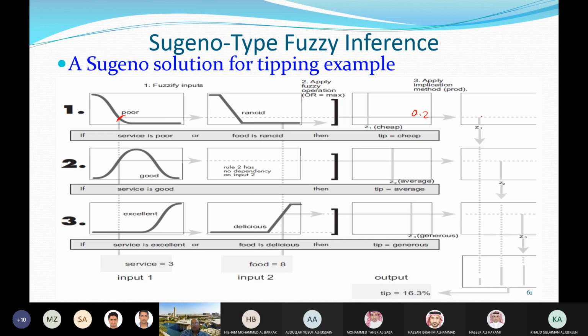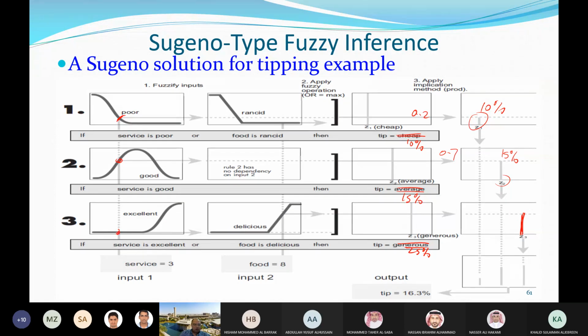This represents the weight of this value, which is 10%. This is 0.7 regardless, so the output here is 0.7. This is the weight of 15%, for example, which is what I defined as the average. So the tip here is 15%. Cheap here is 10%, for example, and generous is 25%, a fixed value.